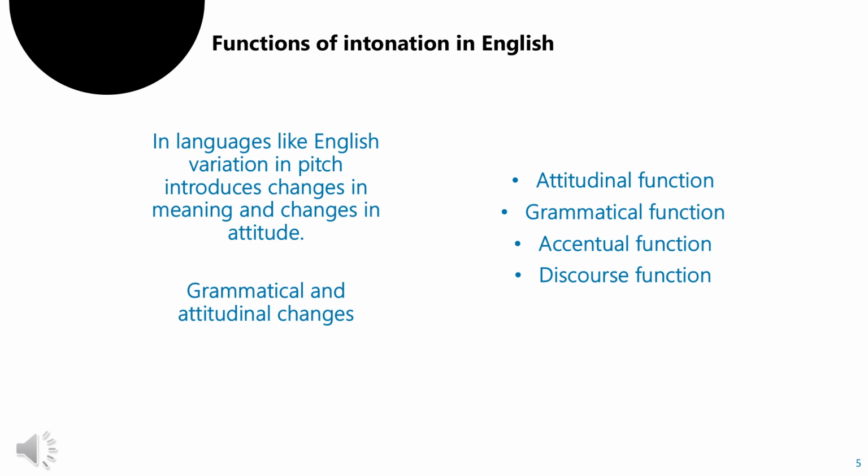This brings us to the functions of intonation in English. We actually have four functions. We have the attitudinal function, the grammatical function, the accentual function, and the discourse function. But right now, we will only focus on the attitudinal function and the grammatical function.